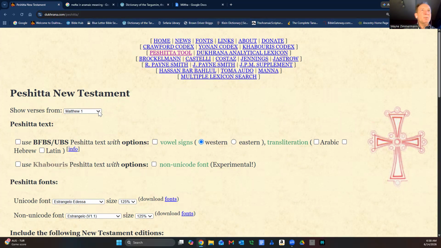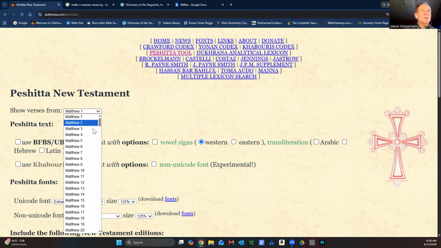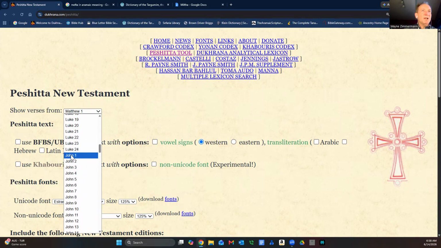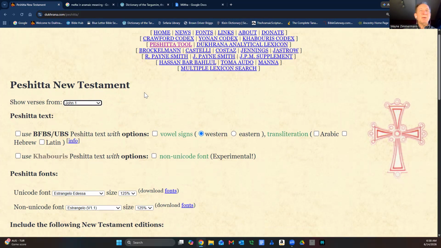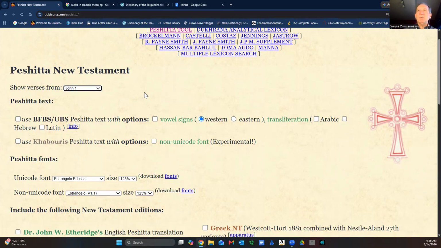And from there, there's a pull down for the different chapters and verses. So you would scroll down, and we are today going to John, St. John, and then you get an opportunity to refine how you want the words in their Aramaic spellings and characters to come out.